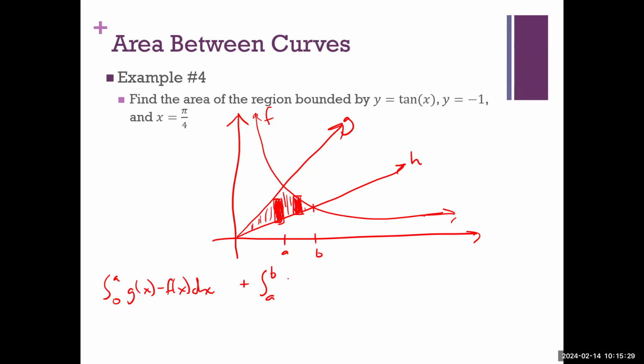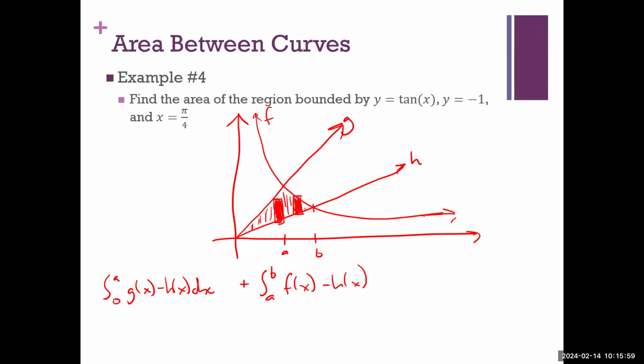F and H. Should be F of x minus H of x. Hold on, did you say G minus F for the first one? Should be G minus H, right? So I think H is the lower boundary in both cases, but the fact that the upper boundary changes across that vertical line x equals A means you need to set up a second integral.